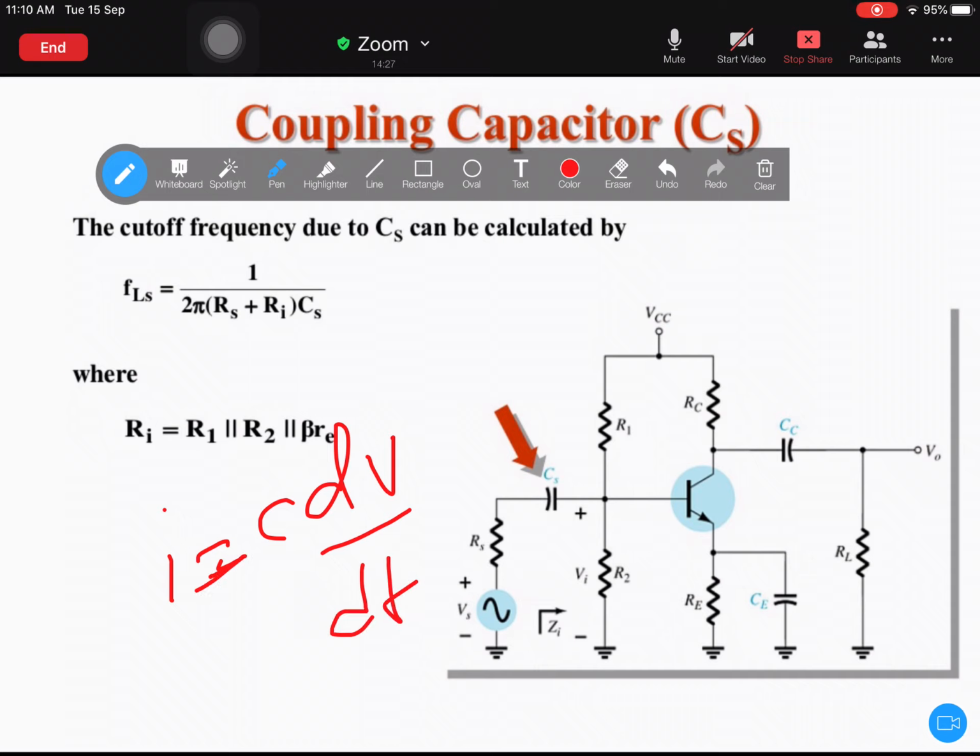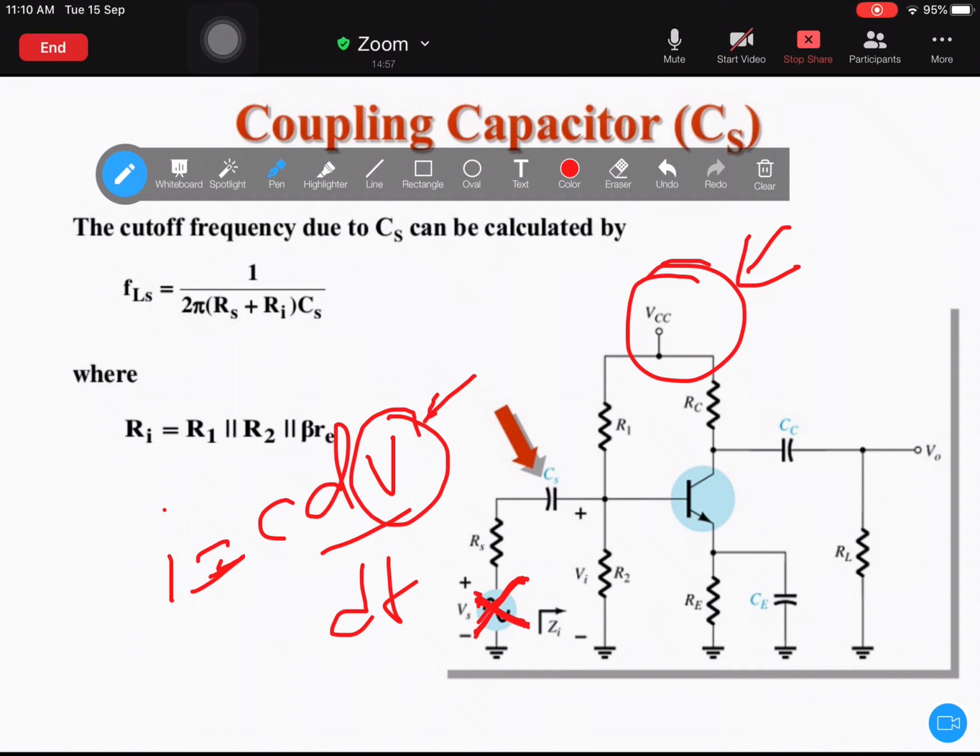So if there is a constant voltage, because this is a DC voltage, nothing but a constant voltage, and only that kind of voltage is applied in the circuit, because you are considering the input voltage as zero now, or very small and almost negligible, then the voltage is constant, so this value will become 0.